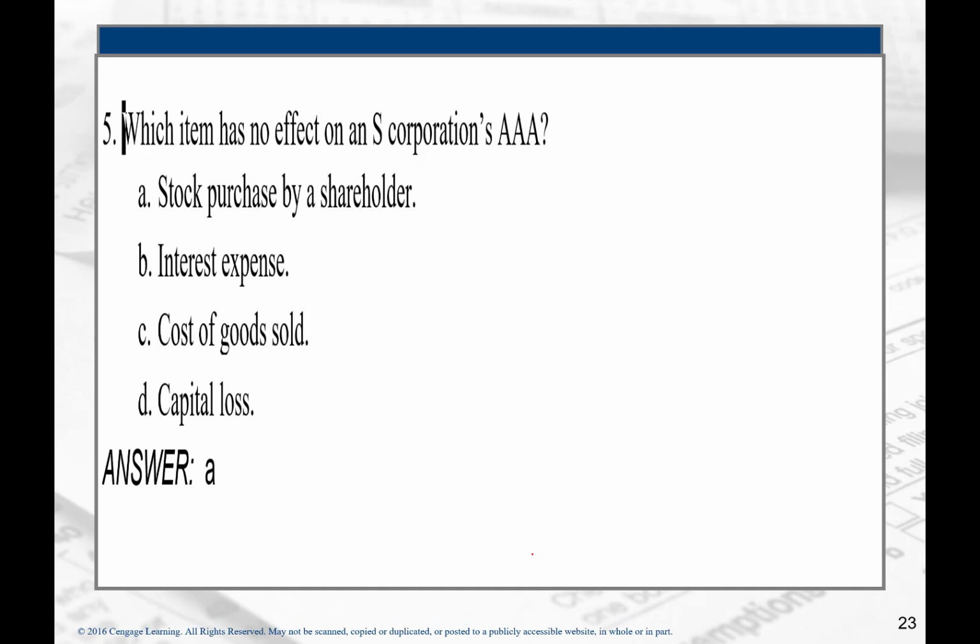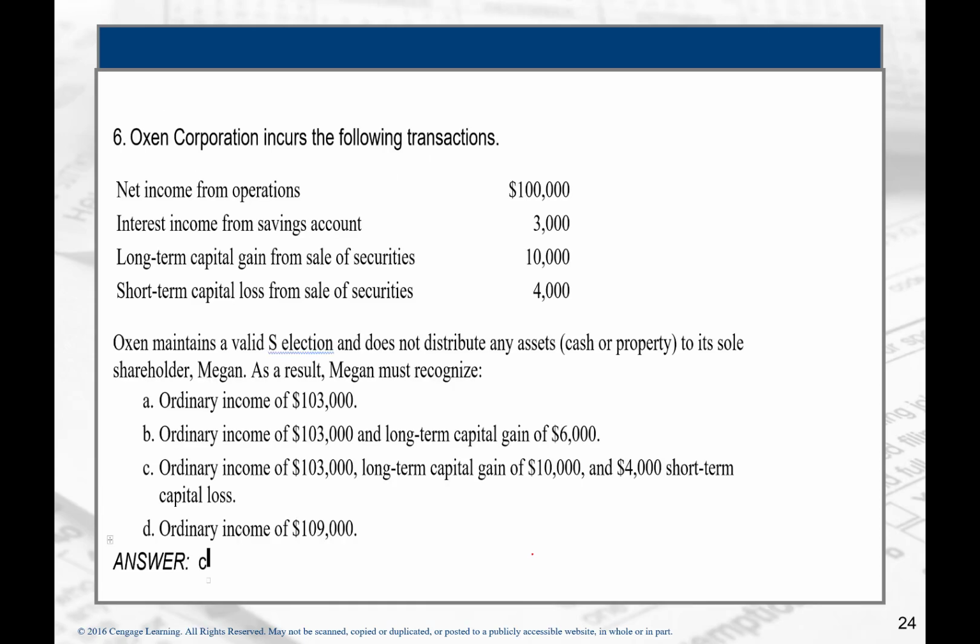Okay, good. Let's take a look at this one, and this is a tricky question. Very tricky, I thought, because I looked at it a couple times and I was like, oh, I see what they did. They are talking about Oxen Corporation up here, right? But then they get down and ask what is Megan's effect, and Megan is the shareholder.